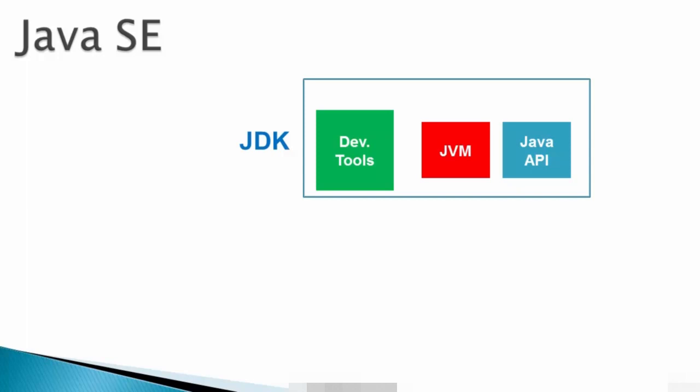JDK is also referred to as Java SDK, where SDK stands for Software Development Kit. SDK is more of a general term, and many times developers may also refer to JDK as Java SE, although strictly speaking, Java SE is a set of specifications, just as we discussed. Now, here, the JVM and the Java API are collectively referred to as JRE, which stands for Java Runtime Environment.